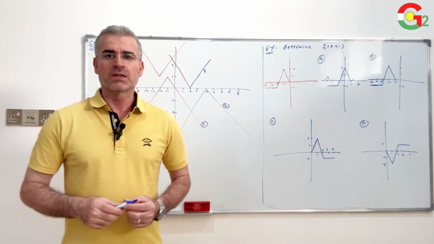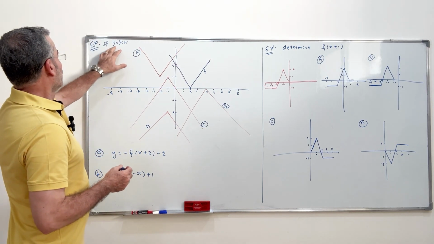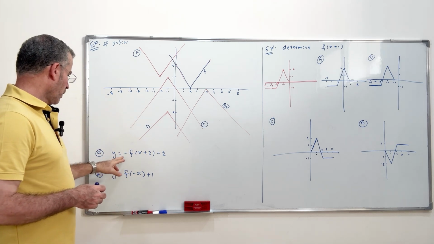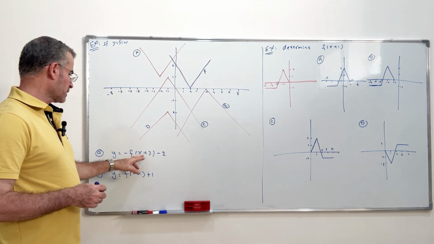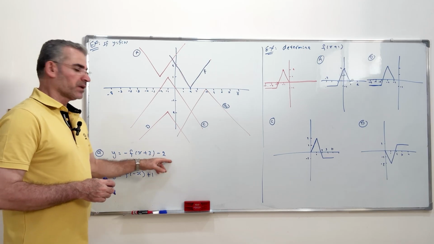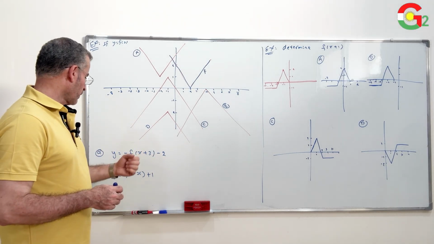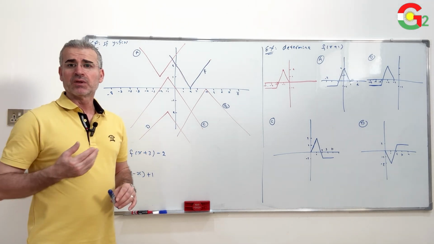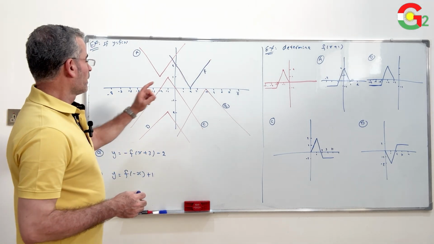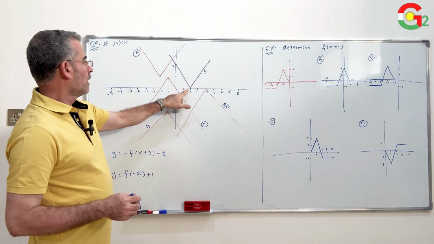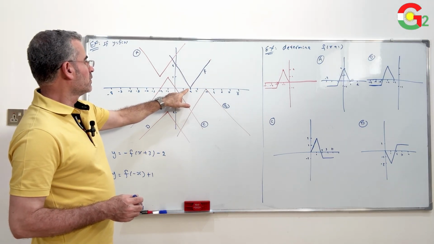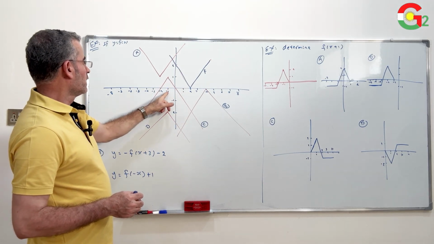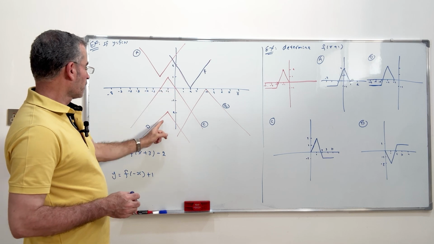Example: if y equals f of x, then use the graph to find y equals minus f of x plus 3 minus 2. We have 3 transformations here. The first one, x plus 3, is 3 units to the left. This is f. I should shift it 3 units to the left, 1, 2, 3. Then the vertex will be at negative 1, either this graph or this graph.